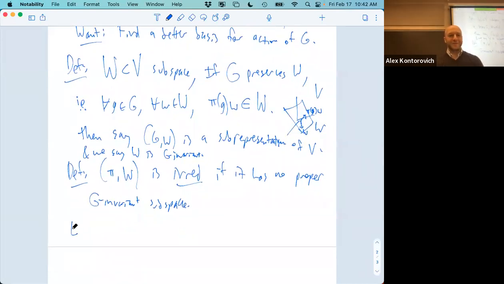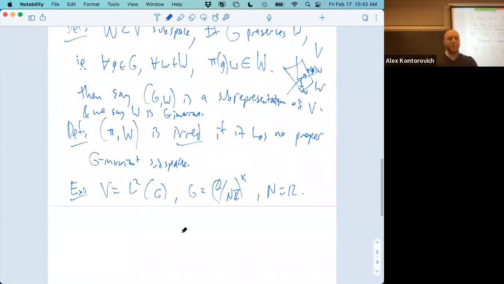Let's see what's going on in our example. Back to our example: V is L2 of G, where G is (Z mod N)^times and N is 12. So the number of elements is 4. Can we think of any proper subspaces that are preserved under the action of G?